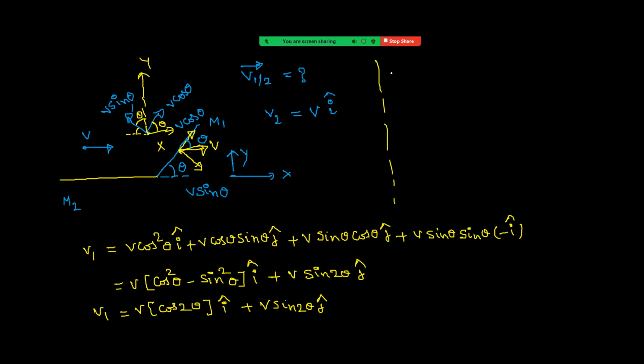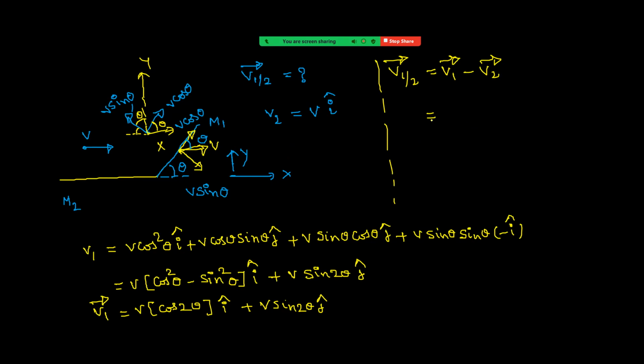Okay. So now we have to calculate the velocity of the image in mirror 1 with respect to mirror 2. That is equal to V1 bar minus V2 bar. Okay. Then see what it is. V2 bar is v i cap, right?